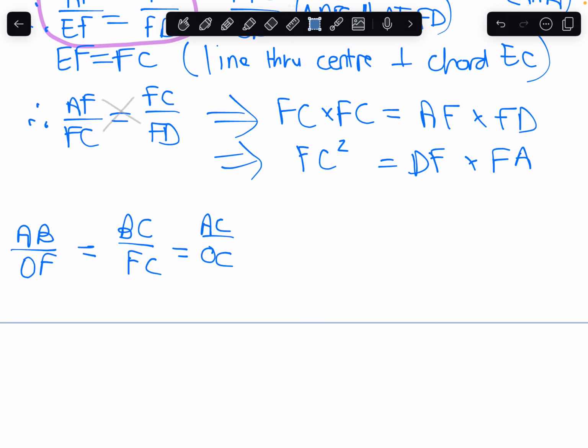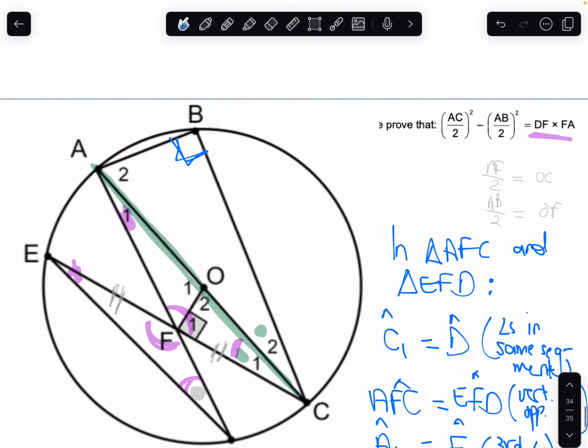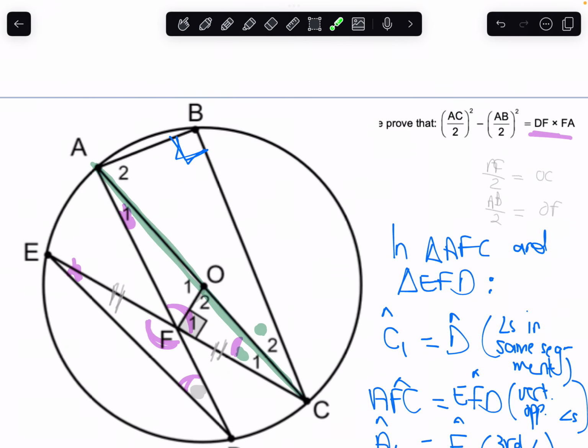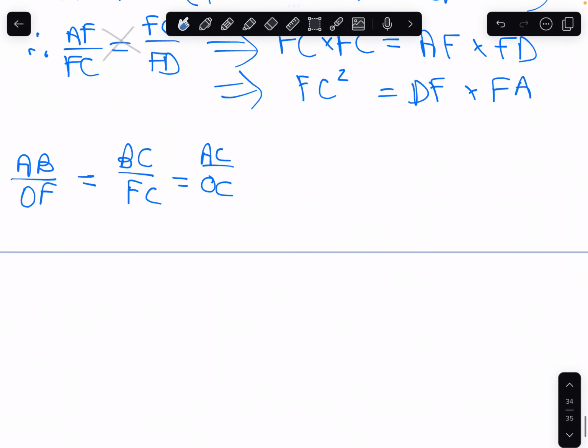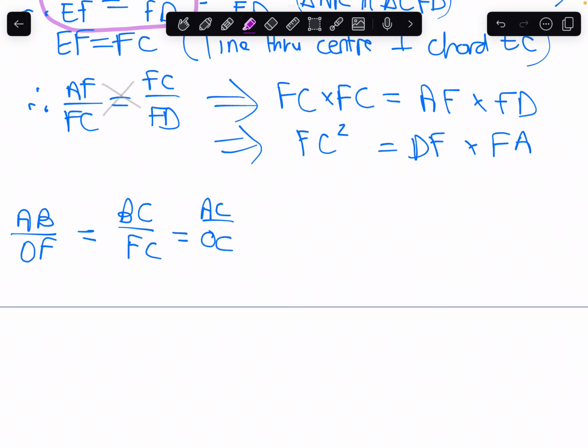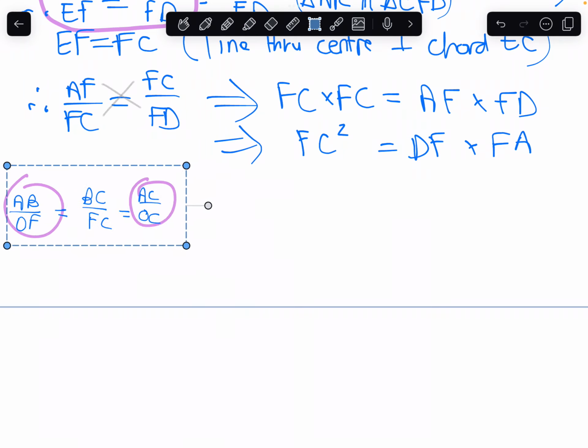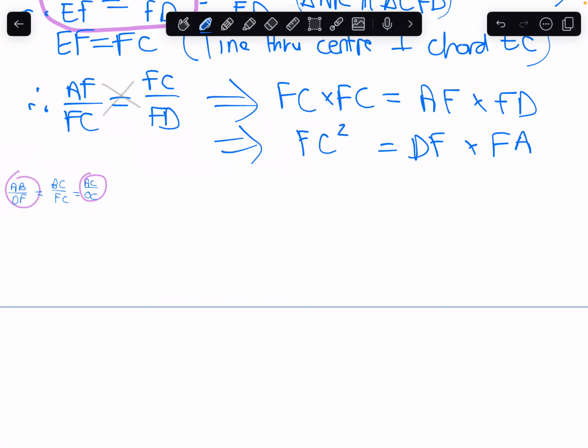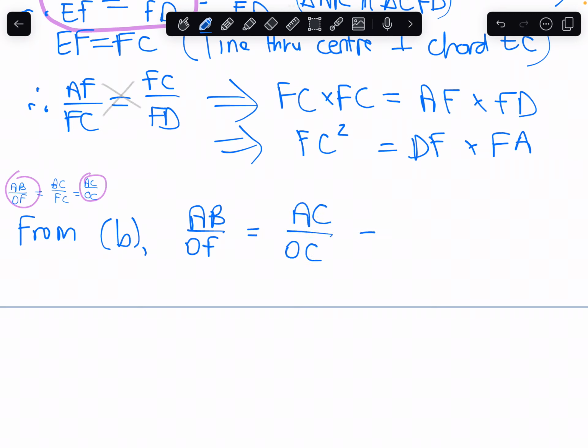So from the previous question, this is what we determined. Let's look at which sides the question cares about. It cares about AC and AB. So I'm going to focus on this one because it's got the AC and this one because it's got the AB. As a side note, from question B, we know that AB over OF is equal to AC over OC is equal to 2.